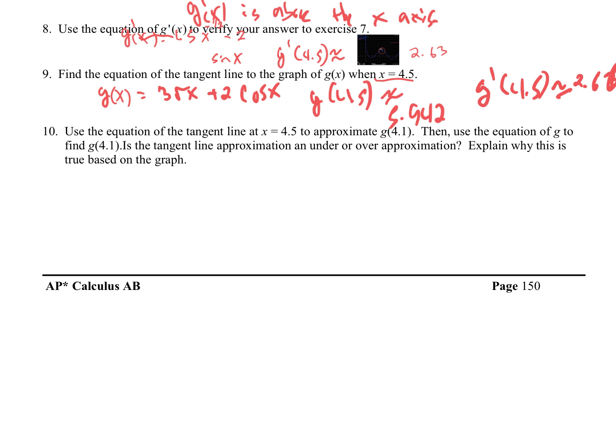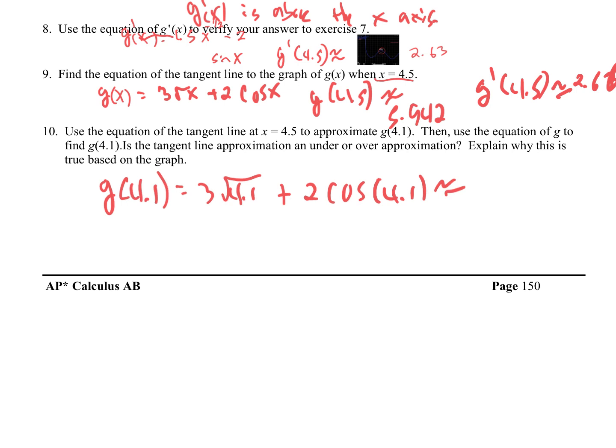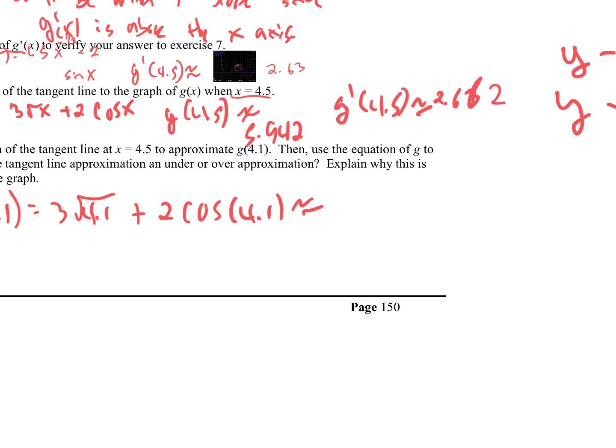It's not going to be as accurate, but use this equation of g to get 4.1. g of 4.1 would be 3 times the square root of 4.1 plus 2 cosine of 4.1. So let me go to my calculator and get that answer. And then let me use the tangent line, which was that.